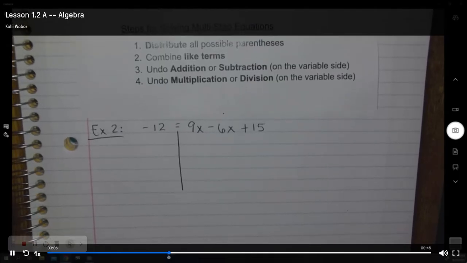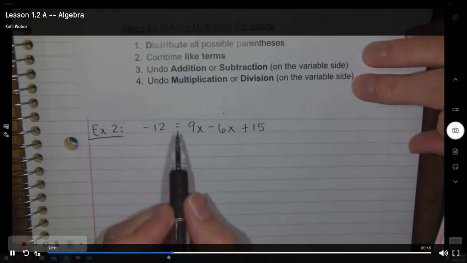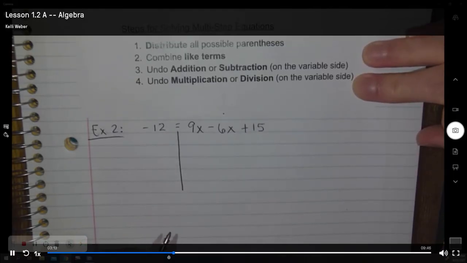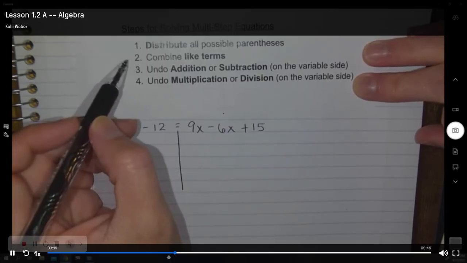And then we start at the top of our list of steps again. Distribute all possible parentheses. So again, no parentheses in this question. So I move on to step 2.